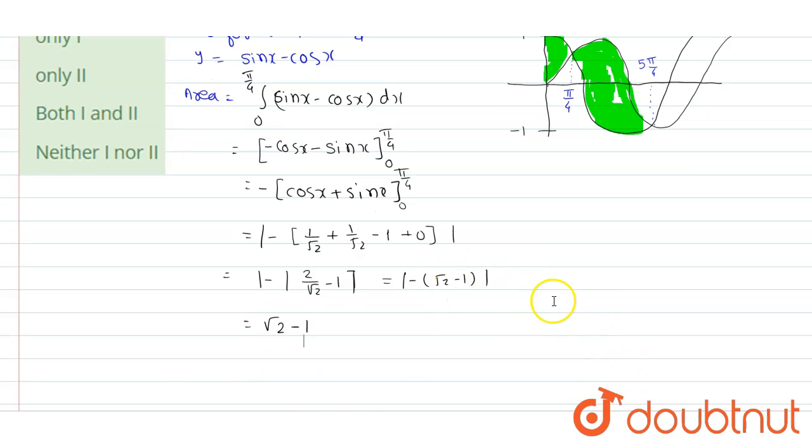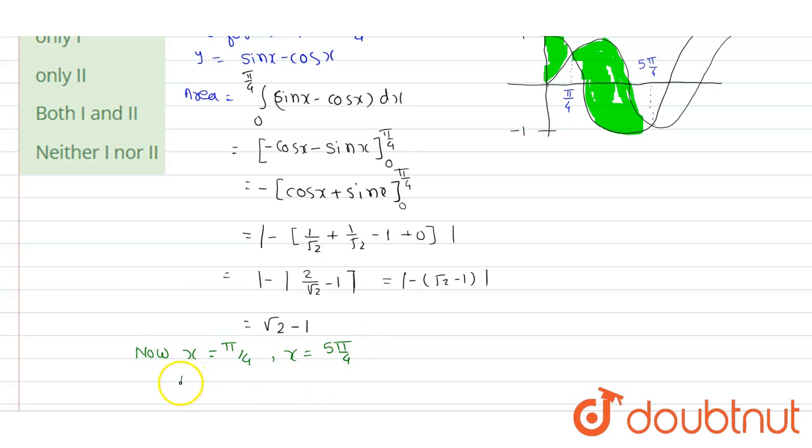For the next region, we now find the area for x equals pi by 4 to x equals 5 pi by 4.